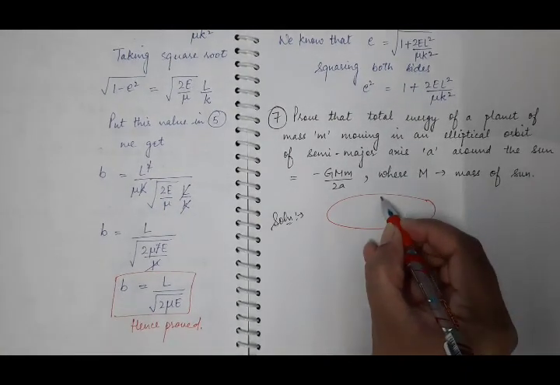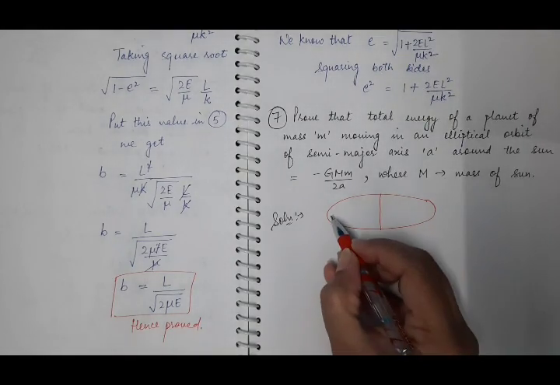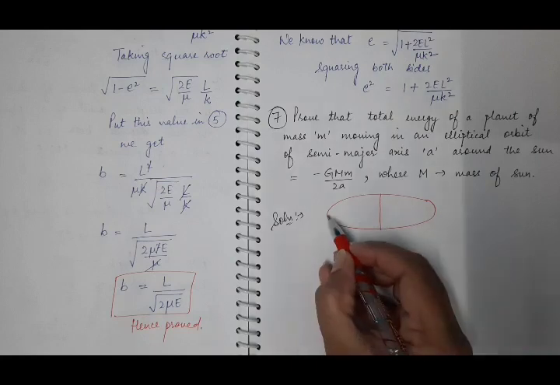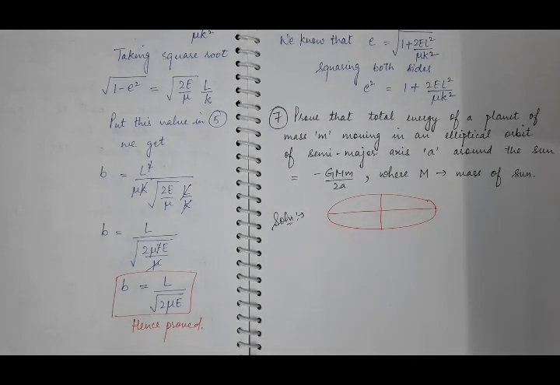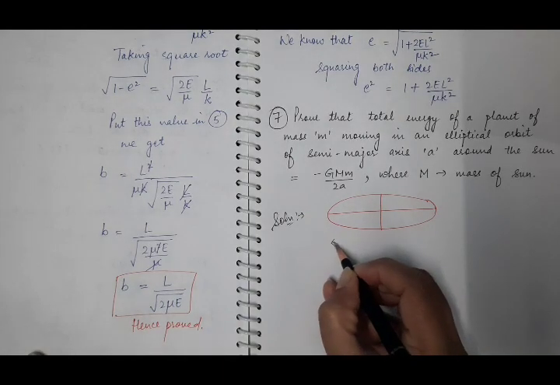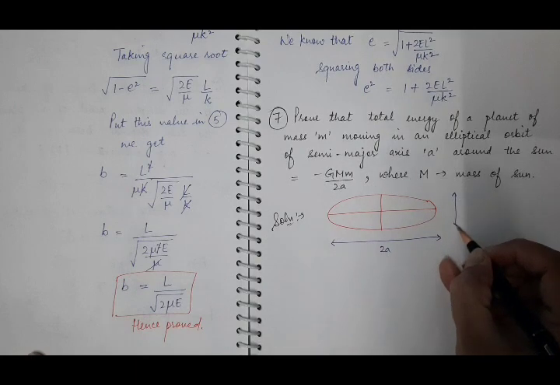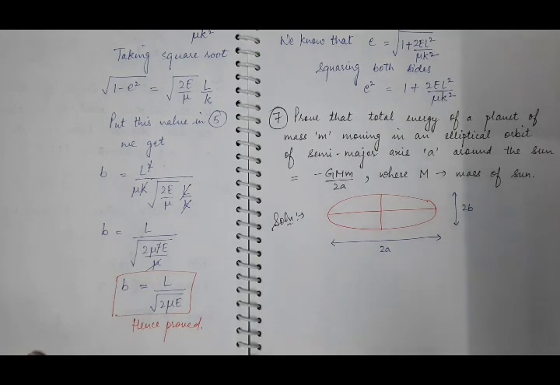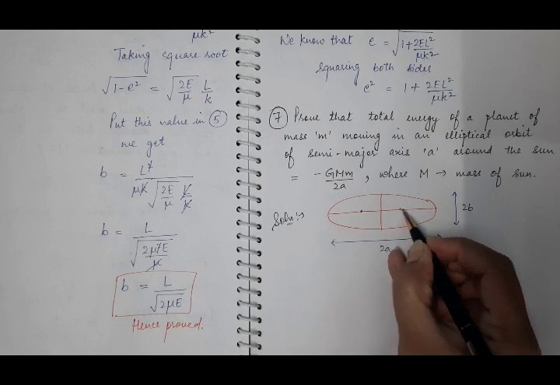And the sun lies here. This one is the minor axis, which is equal to 2b. This one is the major axis, equal to 2a. So this distance is 2a, this distance is 2b, the minor axis, and the focus of the ellipse is here on this side as well as on this side.